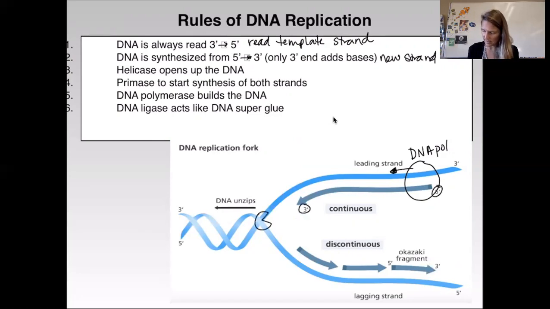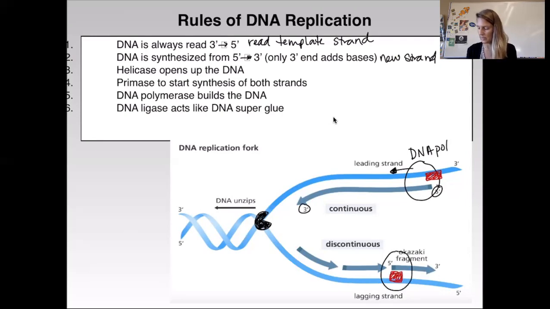Helicase will sit right at that opening, right where the two strands are coming together, and it's going to unwind the DNA. Primase would be right here, for example, right before the DNA is being made. Primase is going to start, here, I'm going to actually do this one, the synthesis of DNA, right? So it adds an RNA primer from which DNA pol can bind.